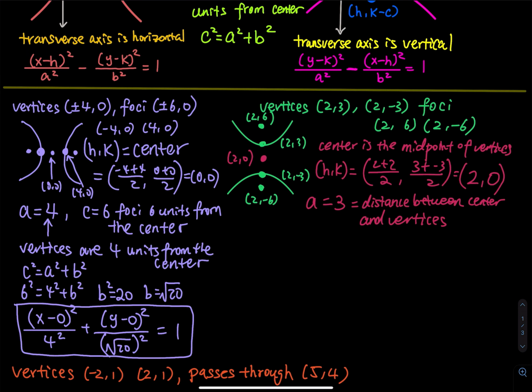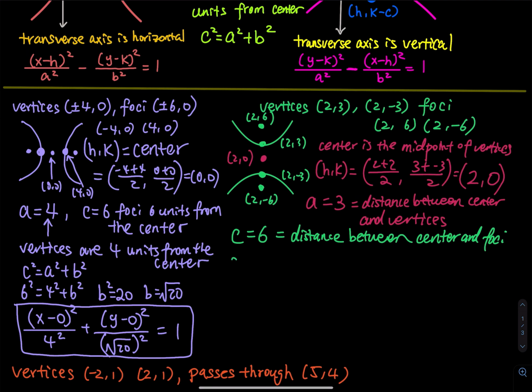How about c? What is equal to c? From 0 to 6, and then from 0 to negative 6, that is 6 units, right? Okay, then c is equal to 6, which is the distance between center and foci.